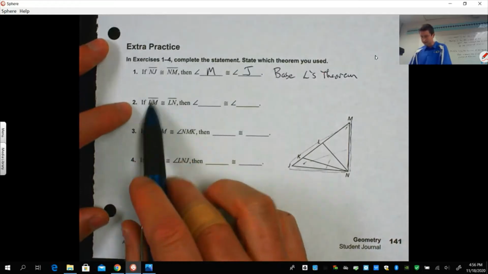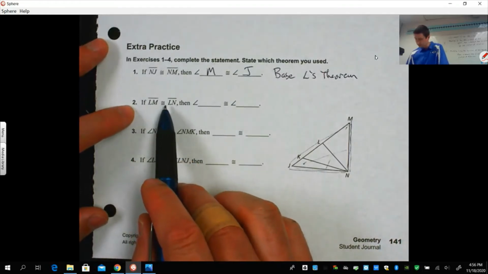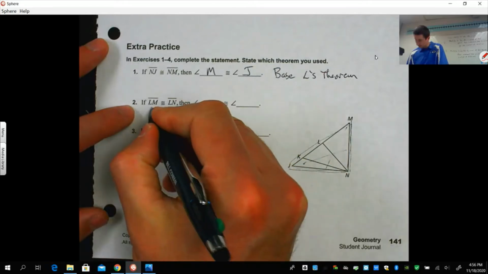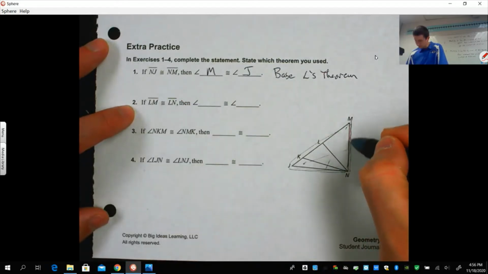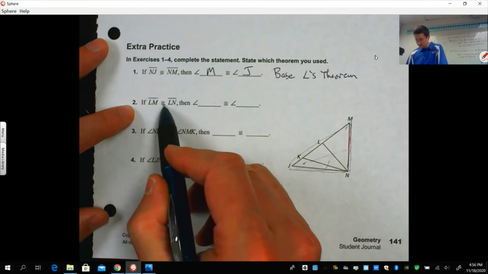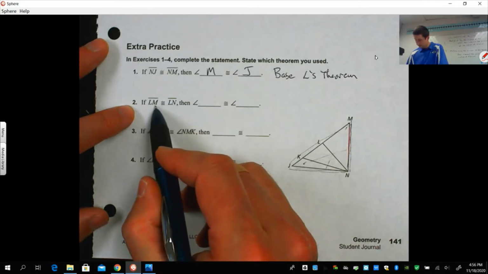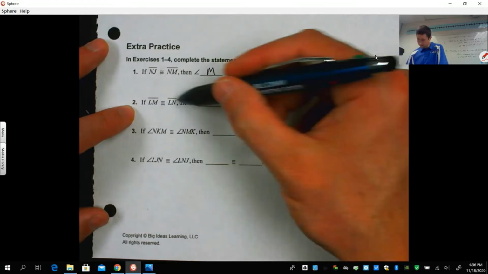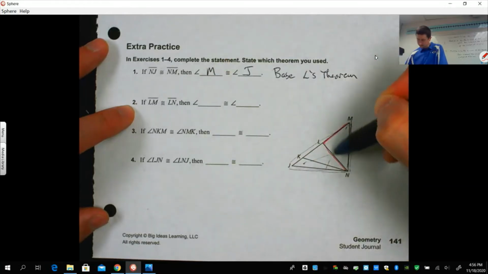Okay, this one looks to be starting off the same way, so we might have the same sort of situation. If LM, I'm going to switch to red. So if LM, here's LM, is congruent to LN. So here are the two legs. That makes that a leg.